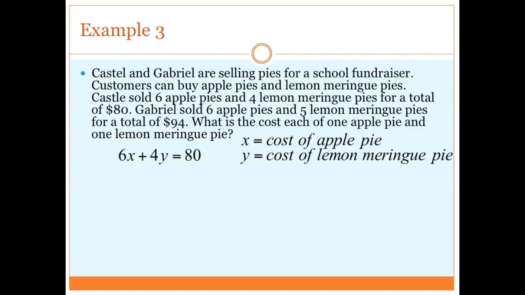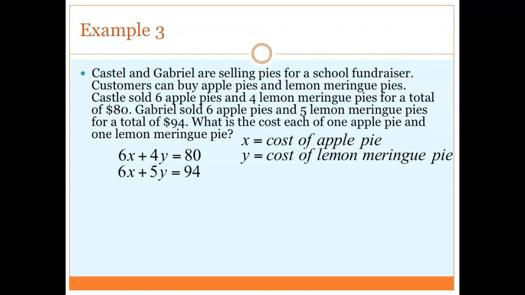Let's do the same thing to find the second equation. Now we have 6 apple pies and 5 lemon meringue pies for a total of $94. So we have 6 times x and 5 times y equals 94.